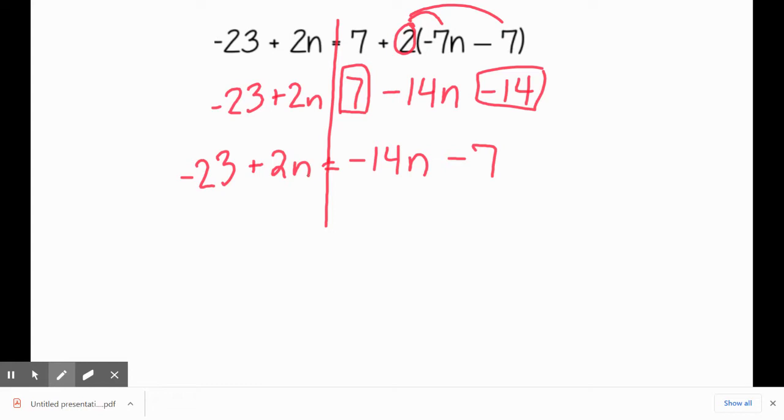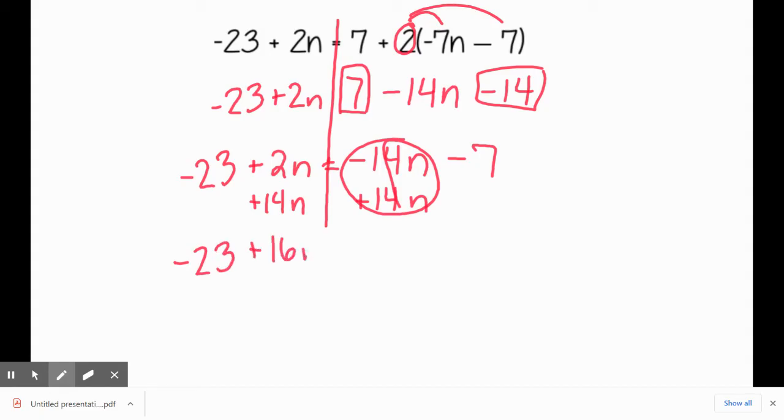Now from here I need to combine like terms, so I am going to add 14n to both sides. That way the negative 14n and positive 14n cancel. So I am left with negative 23 plus 16n is equal to negative 7.